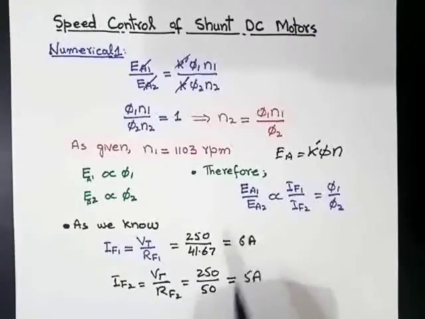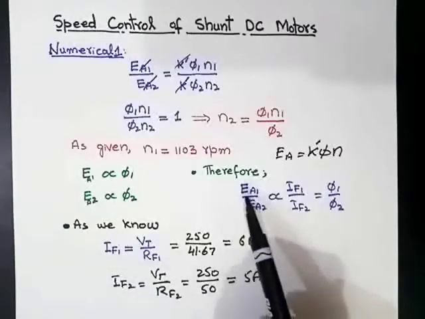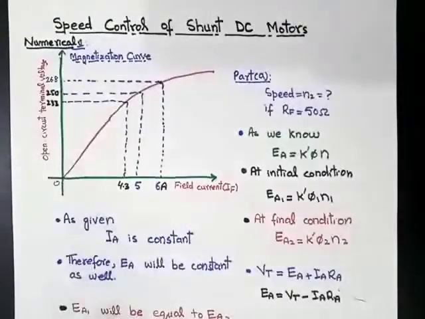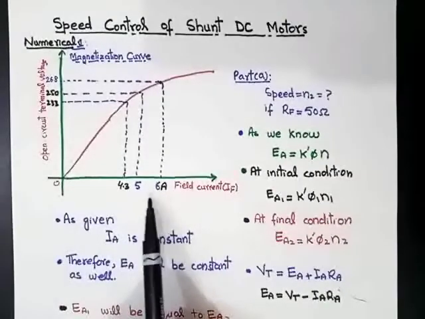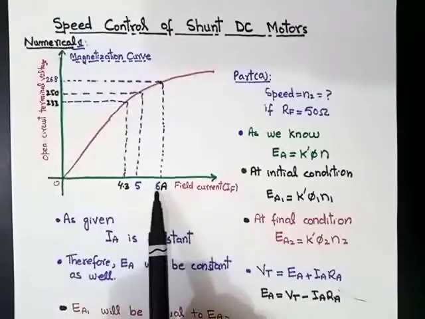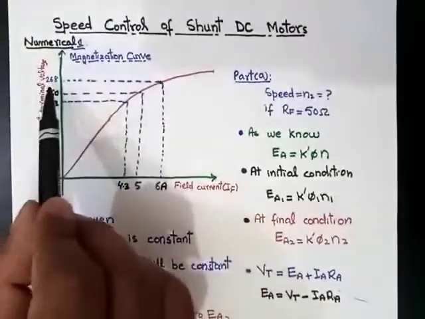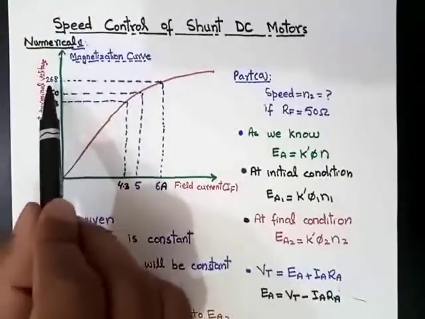Now by using this value of IF1 and IF2, we can calculate the value of EA1 and EA2 from the magnetization curve. Now as you can see in this magnetization curve, when the field current IF is equal to 6 ampere, then the internal generated voltage is equal to 268 volt.